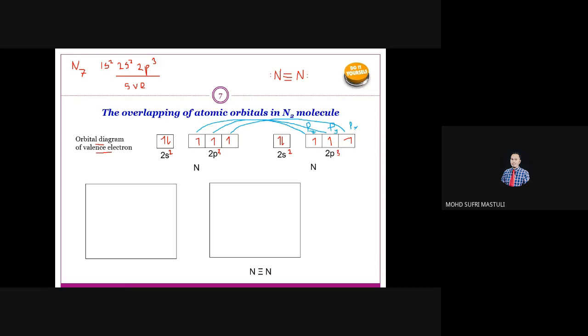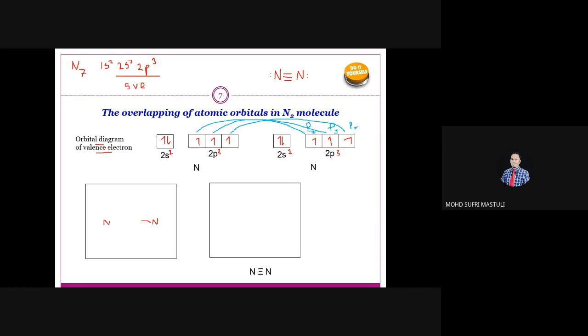So before the bonding, we can draw like this. We have nitrogen separately, nitrogen and nitrogen. We know nitrogen has px, py, and pz.